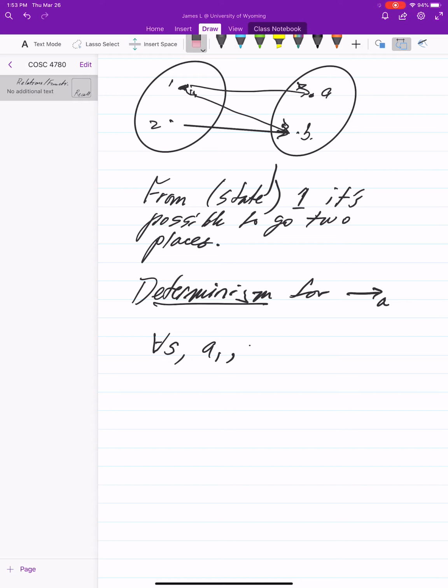Let me back up just a little bit. Let me say that S is something in states.